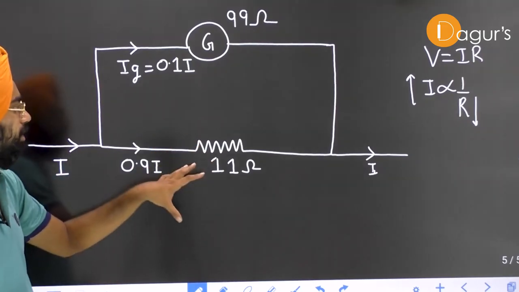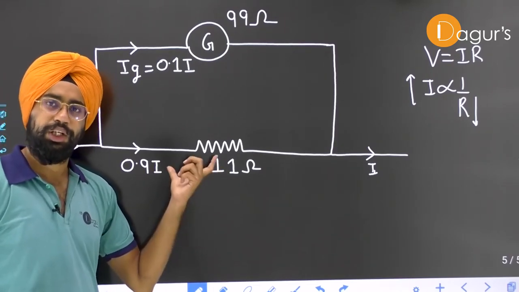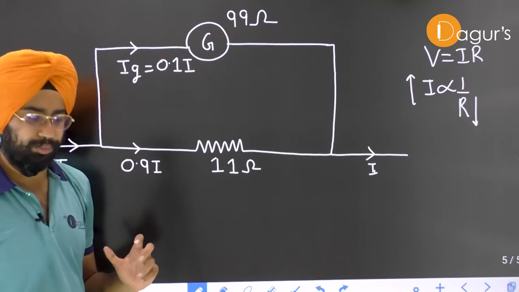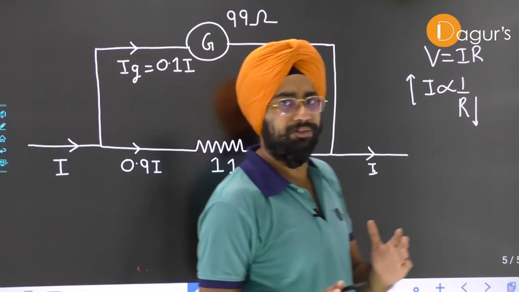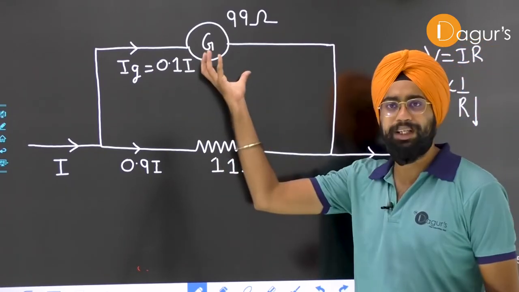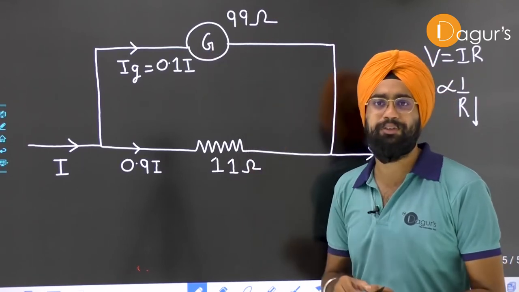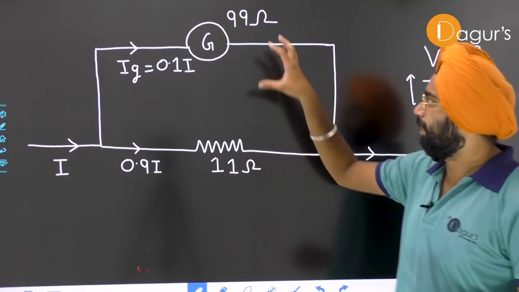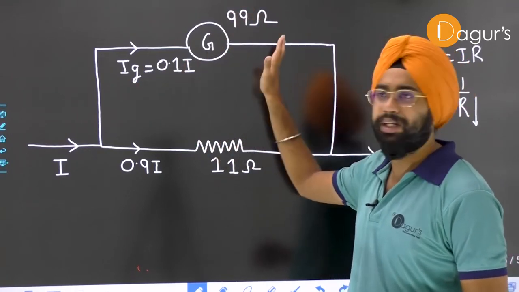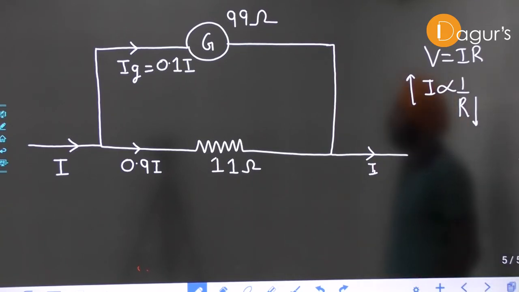So, the shunt resistance should always be less than the resistance of the galvanometer. Practically, we should always take the shunt resistance less than the galvanometer, because if the resistance of the galvanometer is high, then less current will flow through it, since there is an inverse proportional relation.